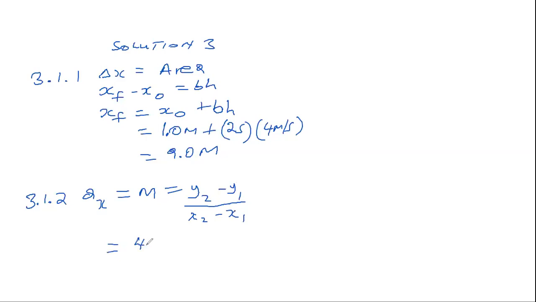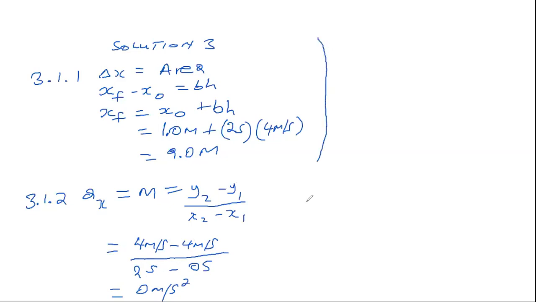Since the object is moving at a constant speed, it's 4 minus 4 meters per second over the time, which is 2 seconds minus 0 seconds. Let's work it out. So this gives us 0 meters per second squared.